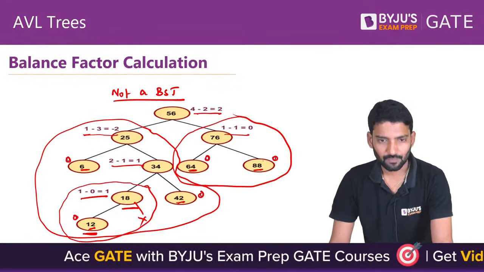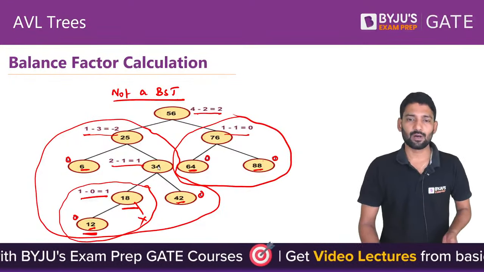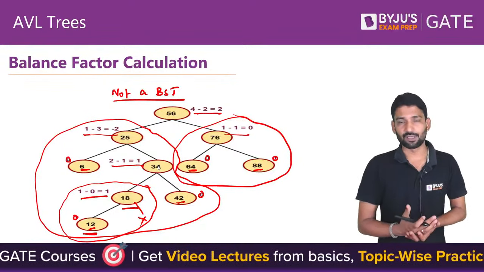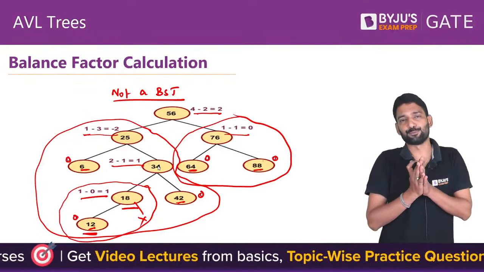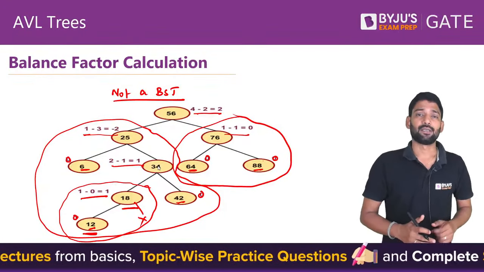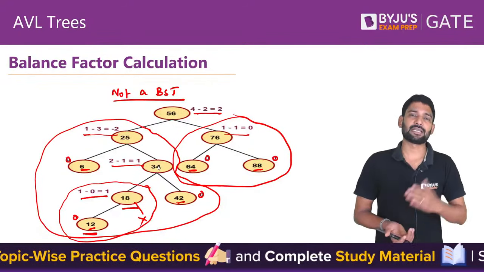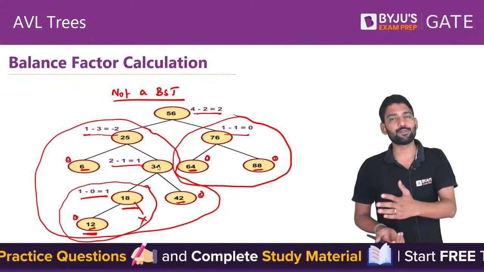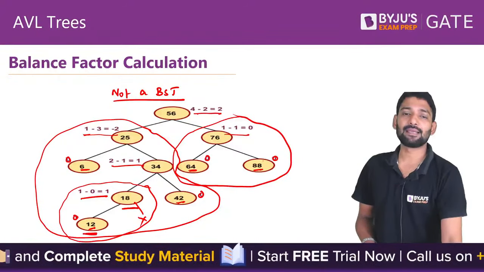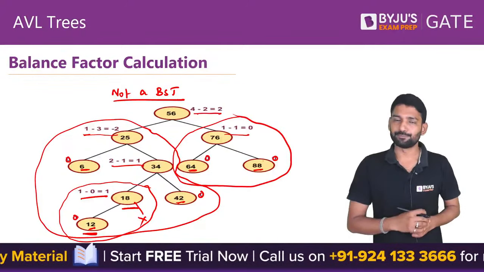Now, we understood how to calculate balance factor. We also understood what is BST. Now you combine these two. If in a BST every node's balance factor is either -1 or 0 or +1, that is said to be a height balanced BST, that is AVL tree.